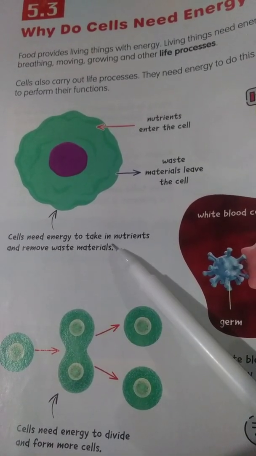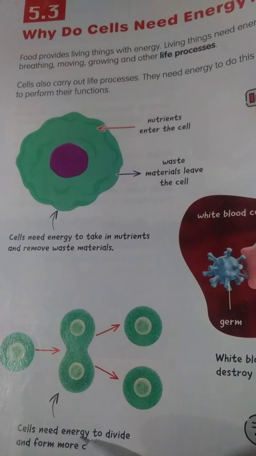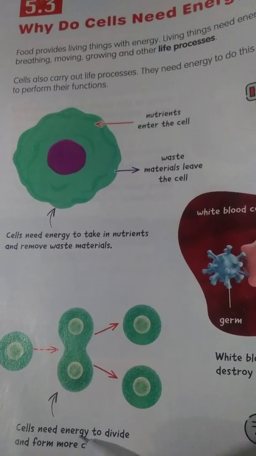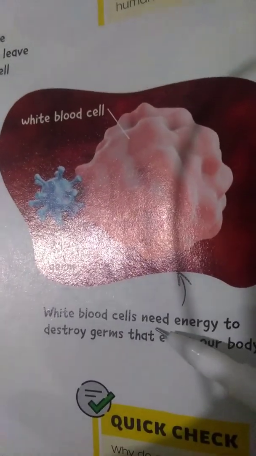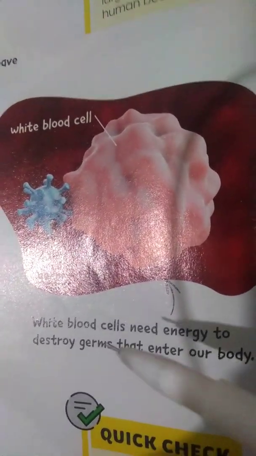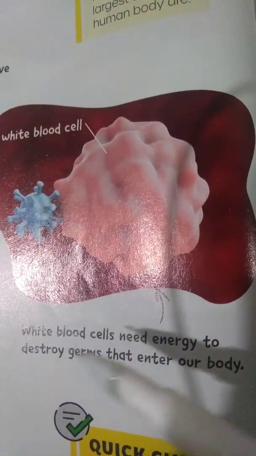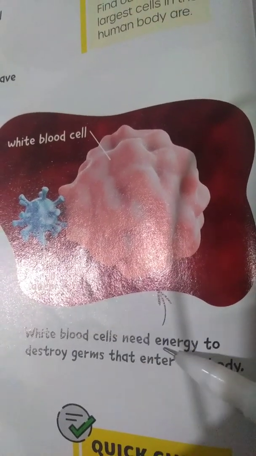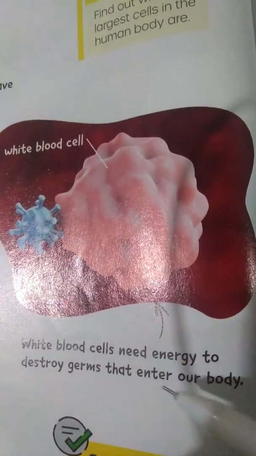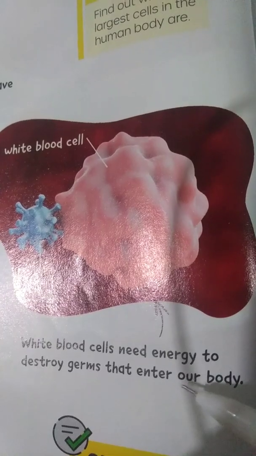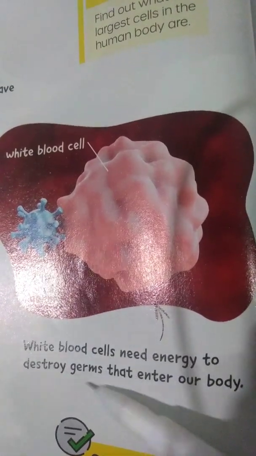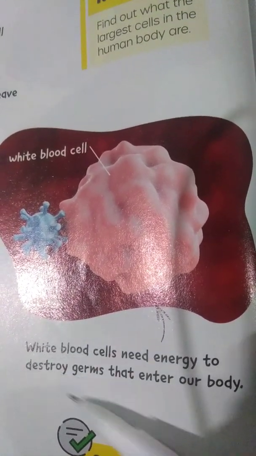So the first to take in nutrient and remove waste material, and then the next to do cell division, and then the last function of cell, and here the example, white blood cell needs energy to destroy the germ. Jadi sel darah putih butuh energi untuk melawan kuman that enter our body. We know that the white blood cell's function is to destroy the germ.